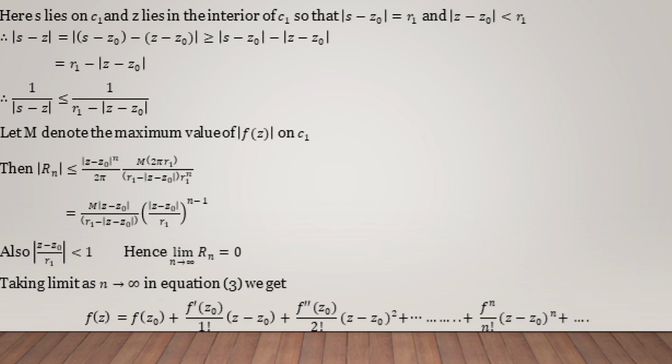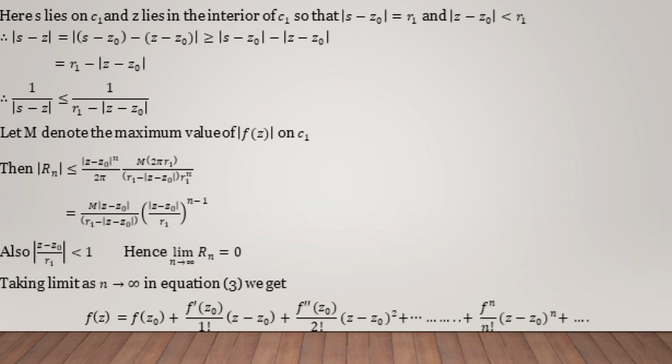So we will get greater than or equal to modulus s minus z0 minus modulus of z minus z0. We know that modulus s minus z0 equal to r1. So let us substitute, that equals r1 minus modulus z minus z0. So we will get 1 by modulus of s minus z is less than or equal to 1 by r1 minus modulus of z minus z0.